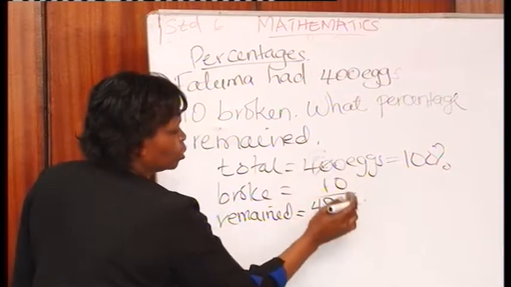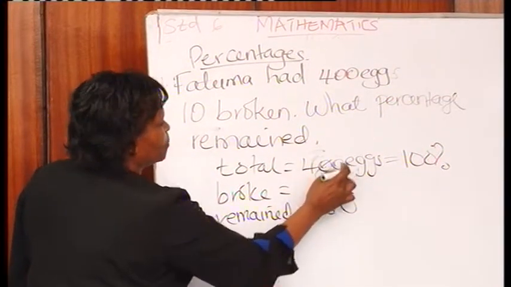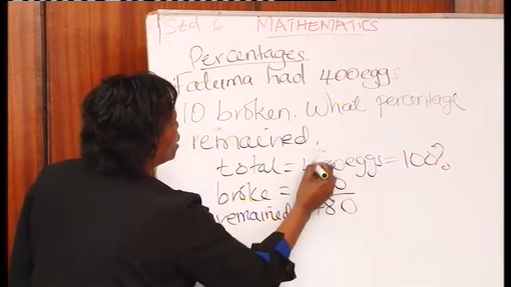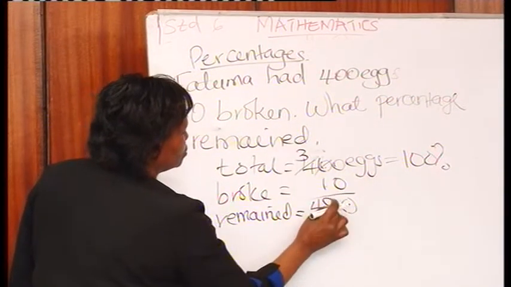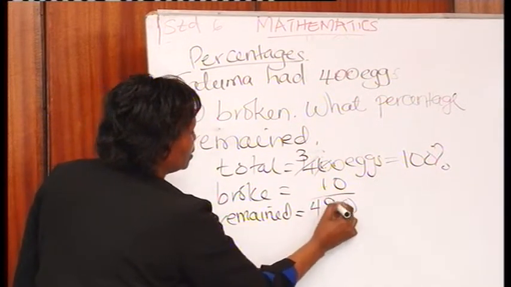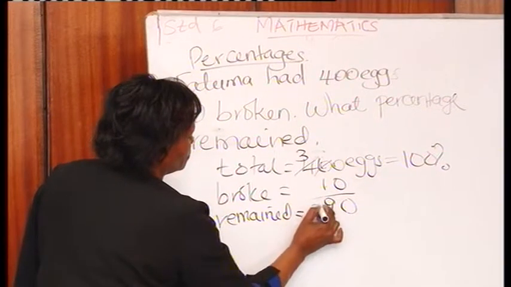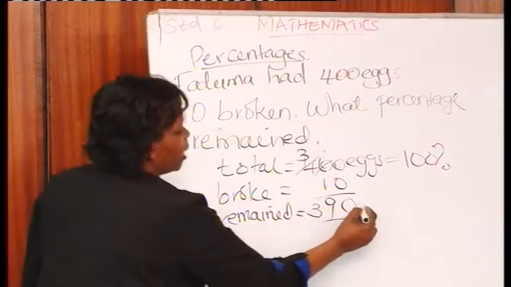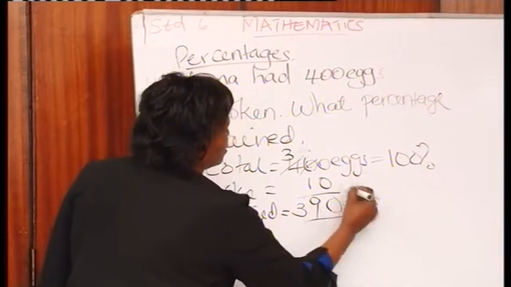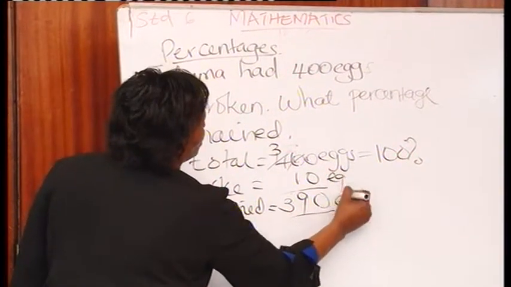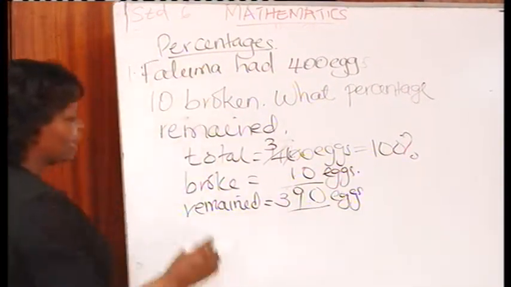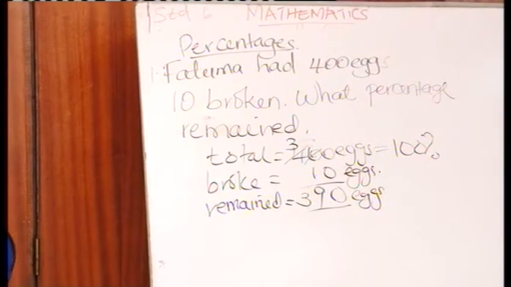No, we didn't borrow, isn't it? 0, we borrow here, so 3, 10, and I'll get 9, and then 3. So these are the number of eggs that remained, and these are the number of eggs that broke.